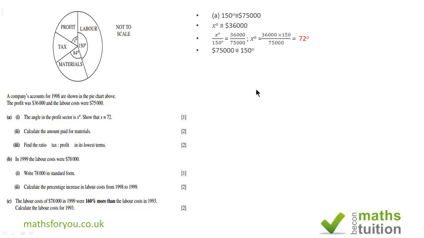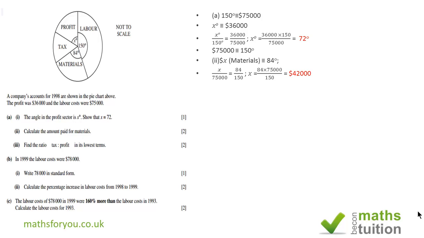So if X dollars is equivalent to 84 degrees, then X divided by 75,000 is equal to 84 divided by 150. When we cross multiply, X will be 84 times 75,000 over 150, and that will give us $42,000.